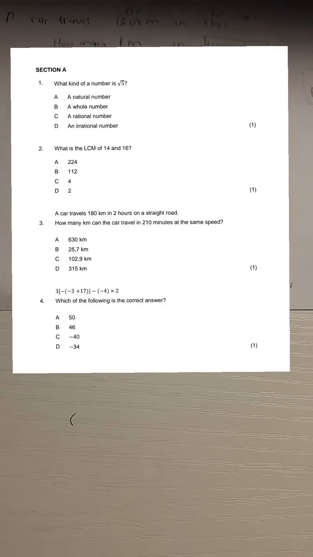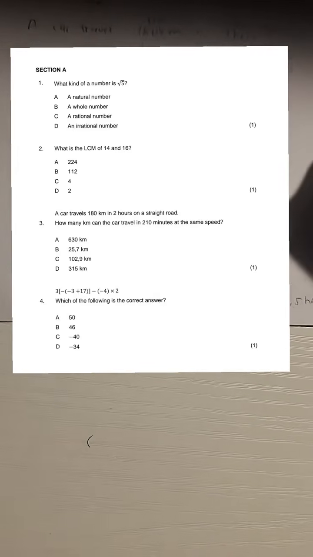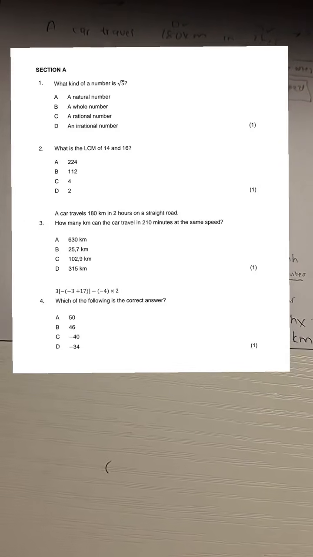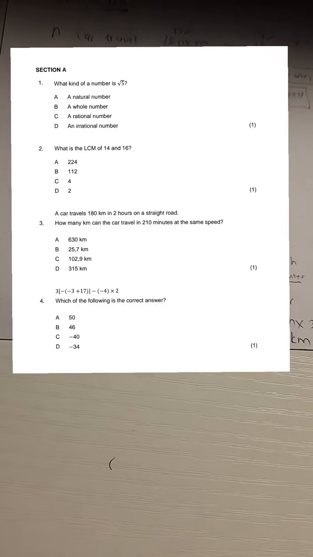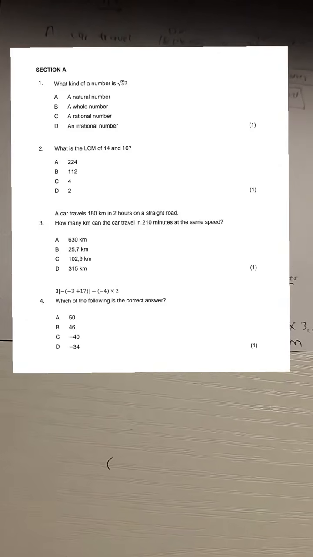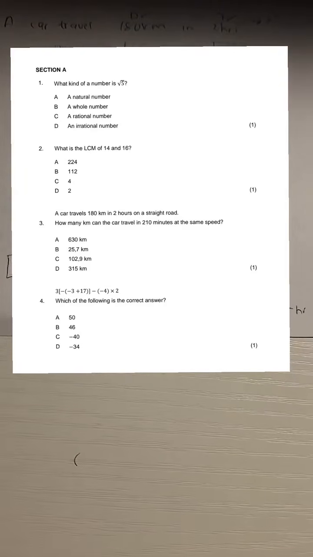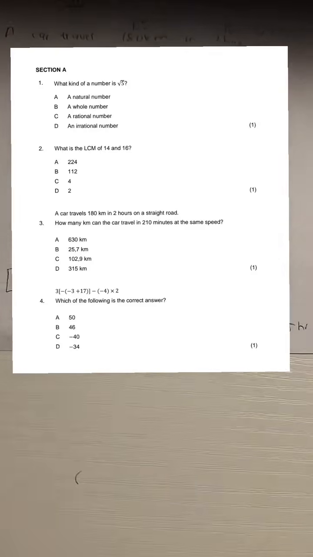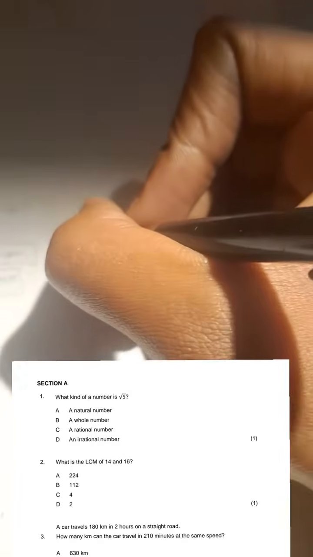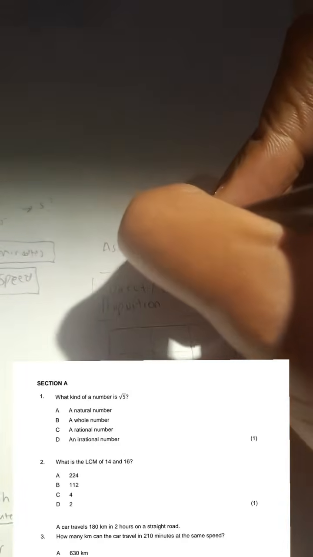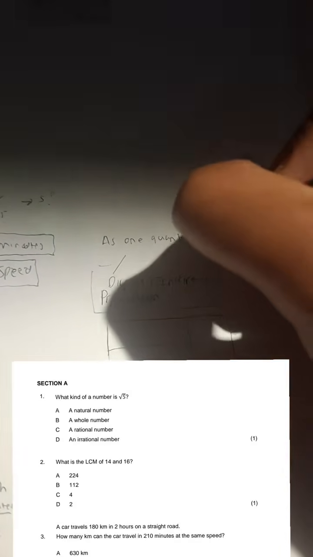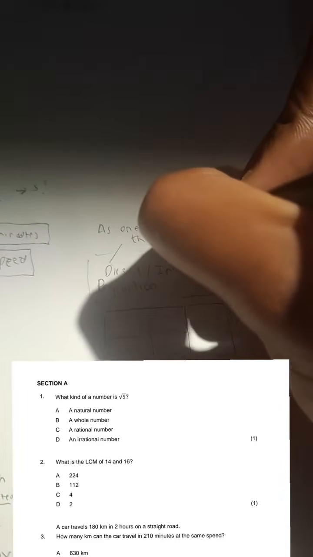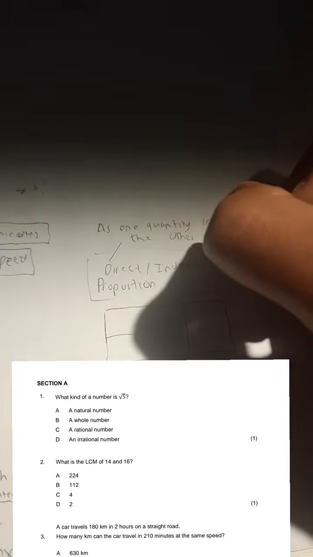Okay. I wanted to look at this in terms of direct and indirect proportion, because you can also look at it in that way. Remember, direct proportion tells us that as one quantity increases, the other increases as well.